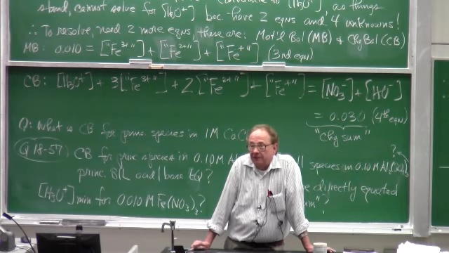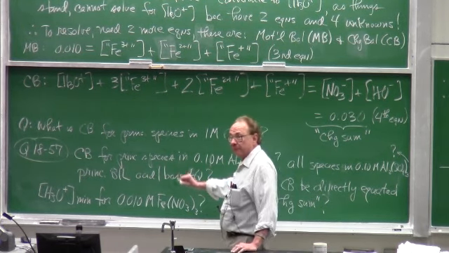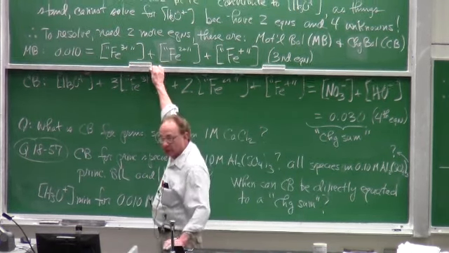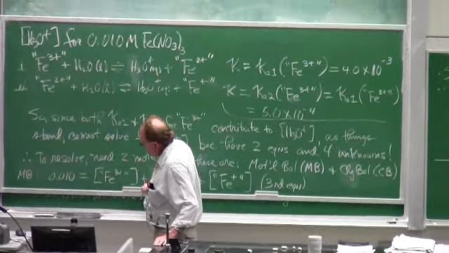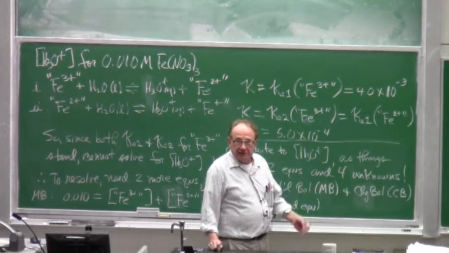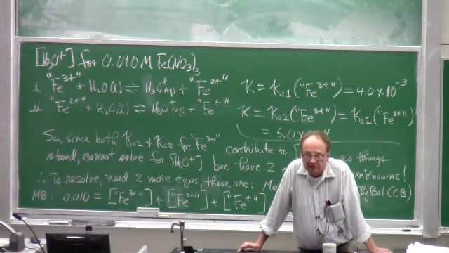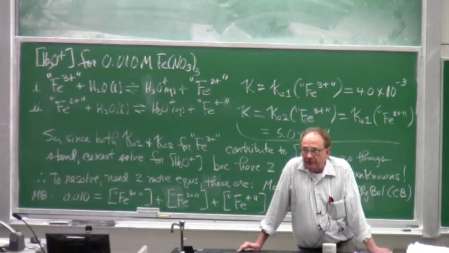And that is usually most of the species in the system, if not all. So this is an important aspect of what you have to have in your bag of tricks to analyze water solutions from an acid-base standpoint.